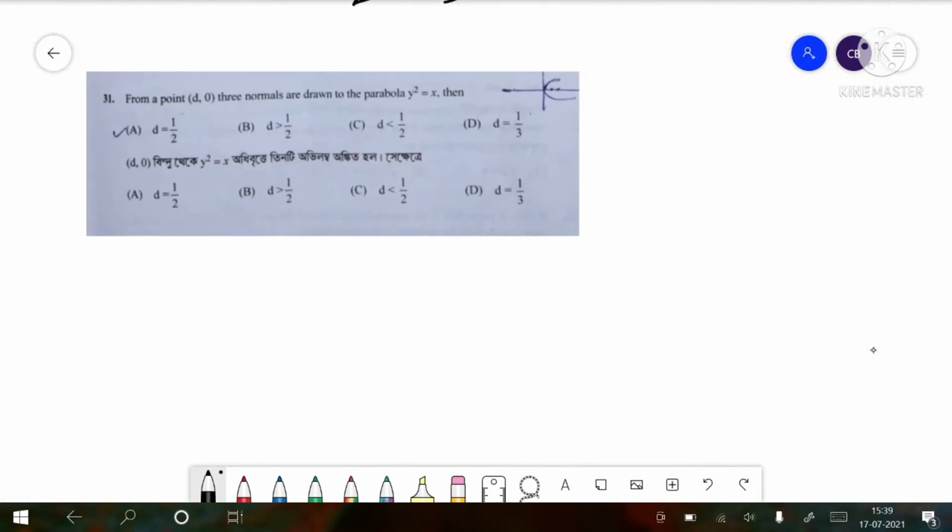Going on to the next question, we have a final stretch of the last 5 questions. We see from a point D, 0, 3 normals are drawn to the parabola y is equal to x. Then D is what?